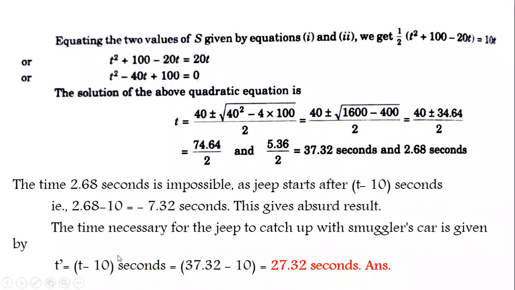The time necessary for the jeep to catch up with the smuggler car is given by t dash equal to t minus 10 seconds, because t is the total time taken to cover the distance from the police station to the point where the police catch the smuggler.